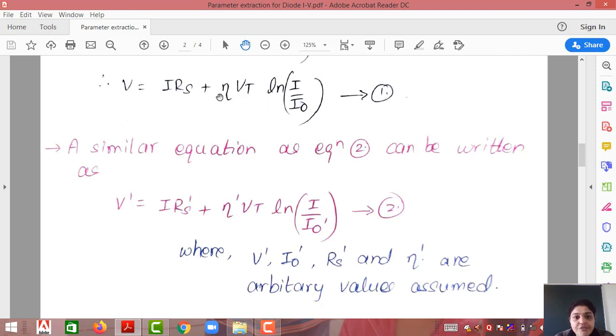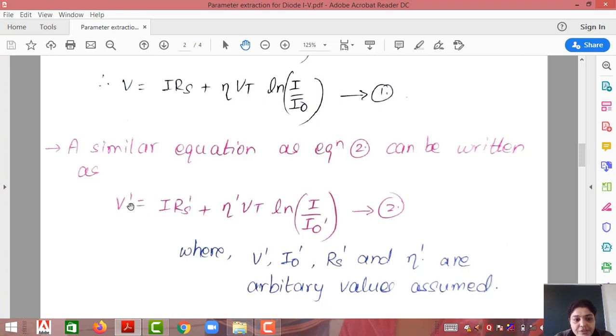What we do is we assume another similar equation wherein we are assuming some arbitrary constants already. So a similar equation as equation 1 can be written: V dash is equal to I Rs dash plus eta dash Vt ln of I by I0 dash.